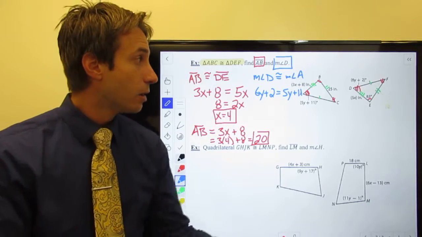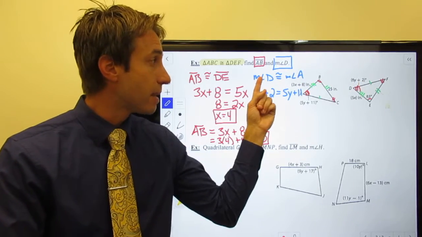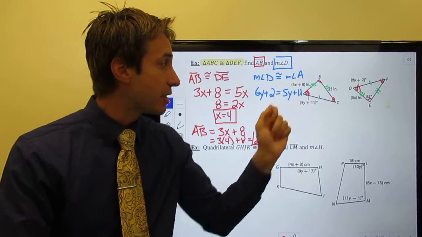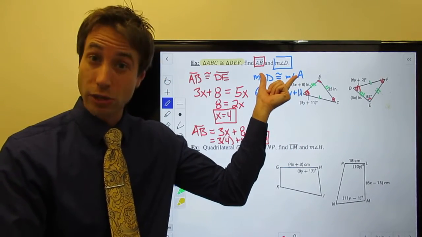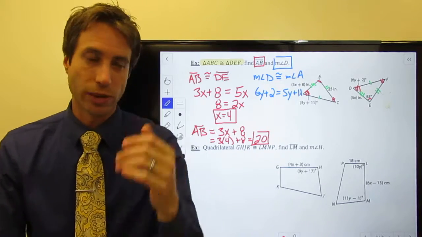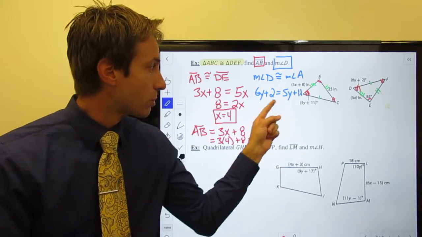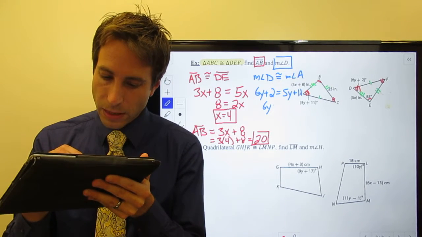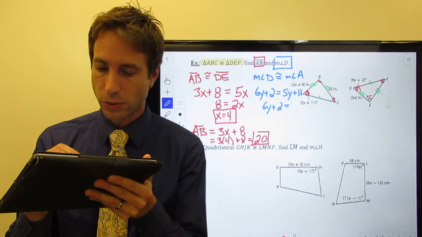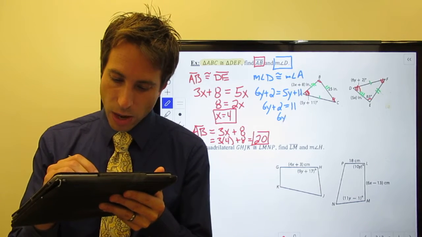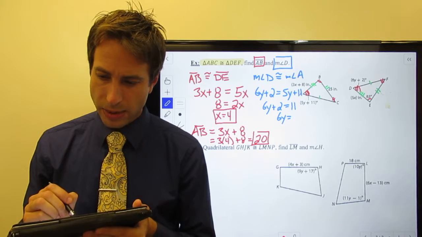How do I know that? Well, 6y plus 2 is the measure of angle D, and 5y plus 11 is the measure of angle A. Since those two angles are congruent, these two expressions have to be equal to each other. Solve this equation.